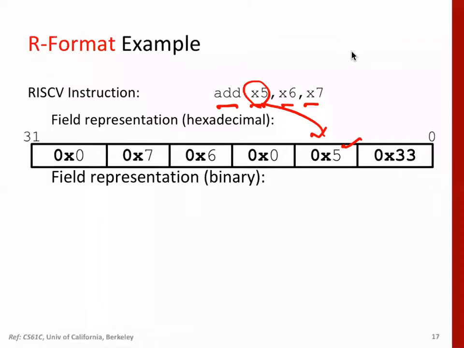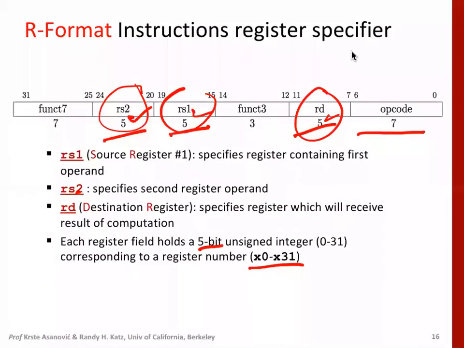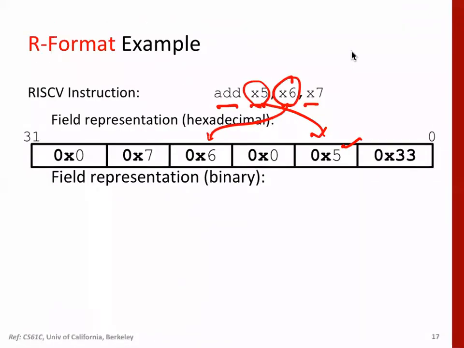What is source register 1? Source register 1 is the one here, and it will come here. If you go back, you can see source register 1 is here. Next is source register 2, which will come here. And what are the fields left out?